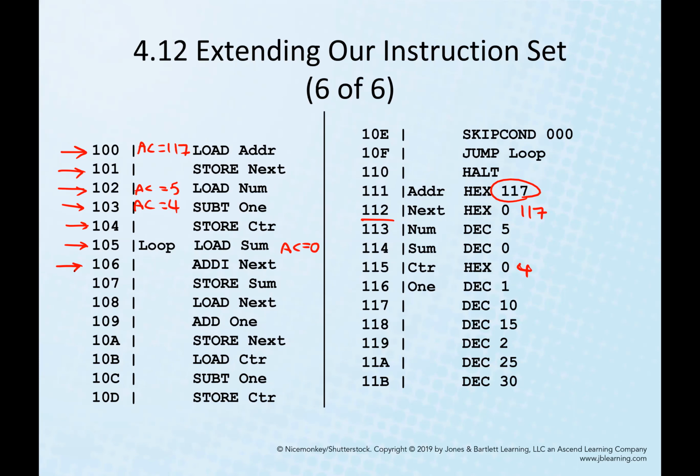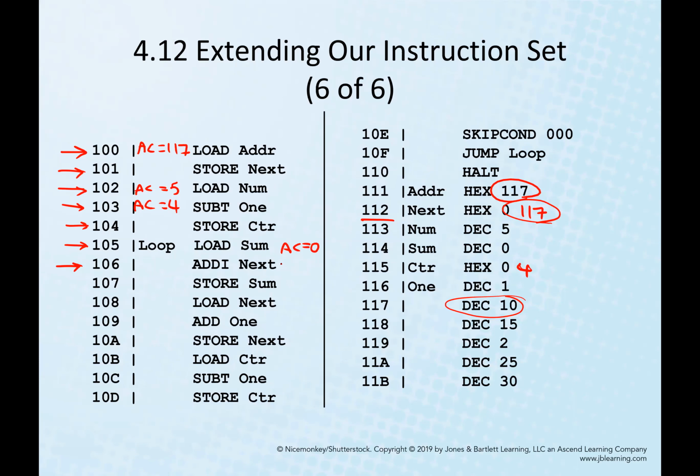Add indirect. This time indirect comes into the game. So add indirect next says go to address next, get the address 117 and get the value of 117, which is 10, add it with the accumulator, which is 0, and place it in the accumulator.